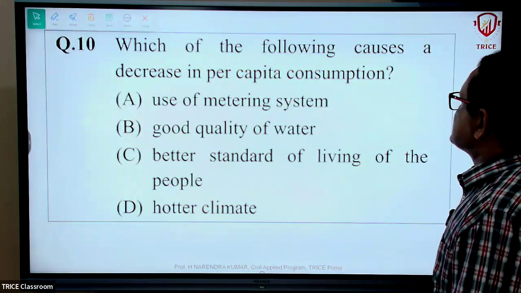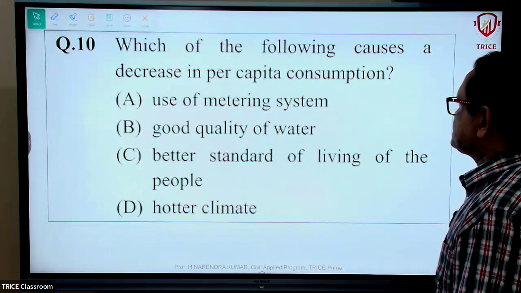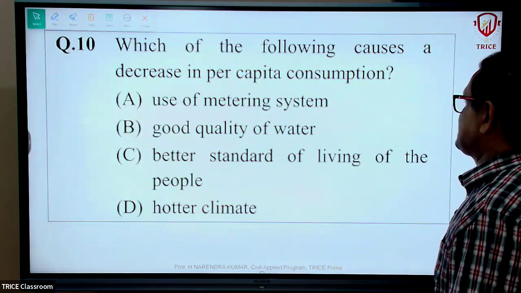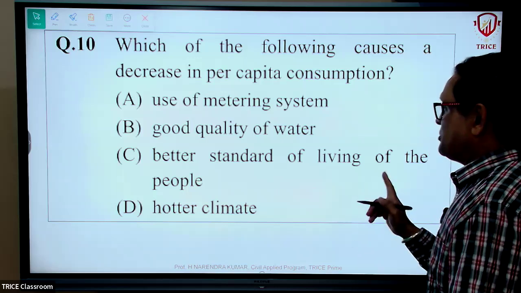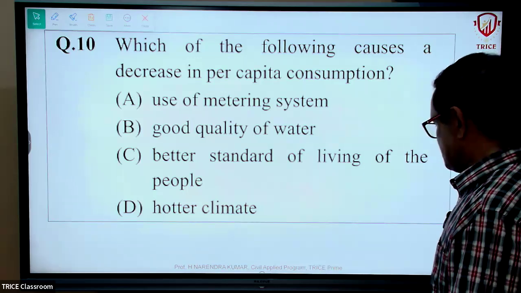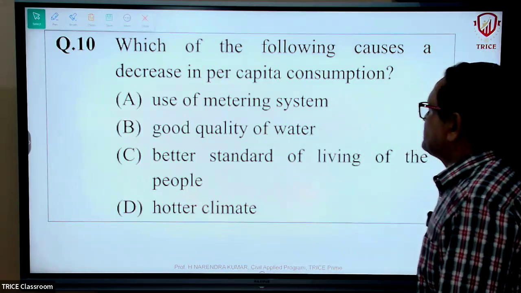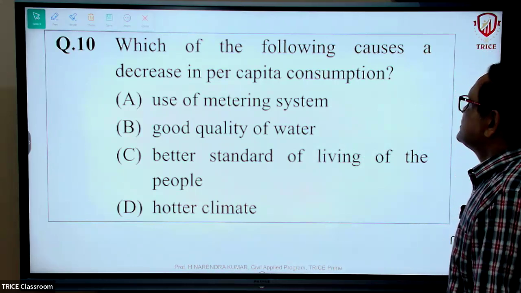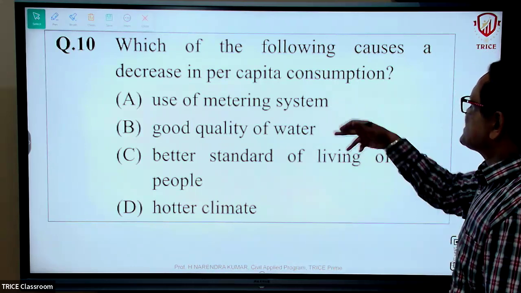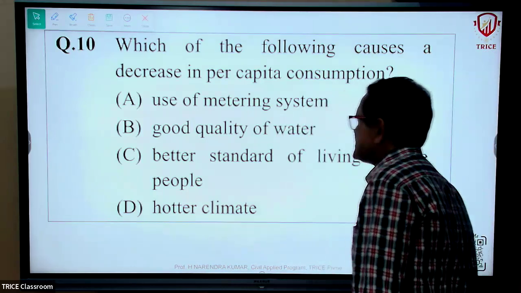Which of the following causes a decrease in per capita consumption? I think you need to give me the answer for this question also, because we already solved this type of question in the MCQ. What causes decrease in per capita consumption? Easy. Please attempt.